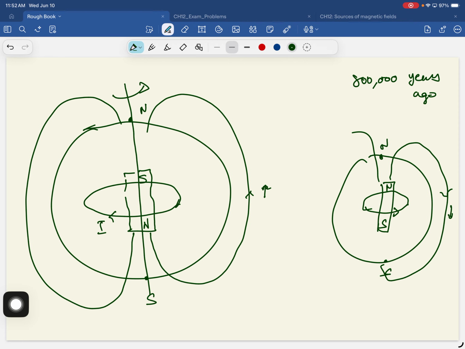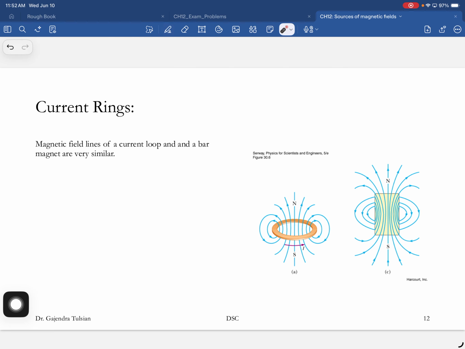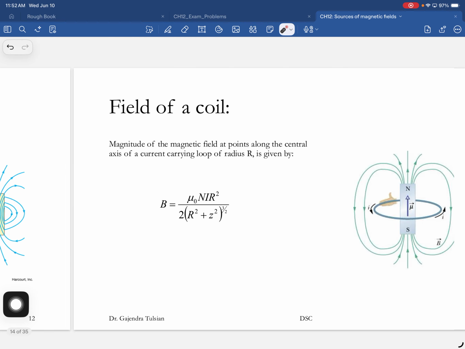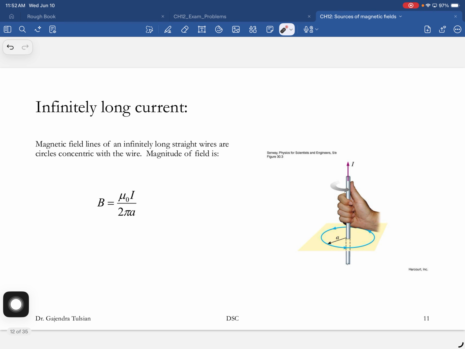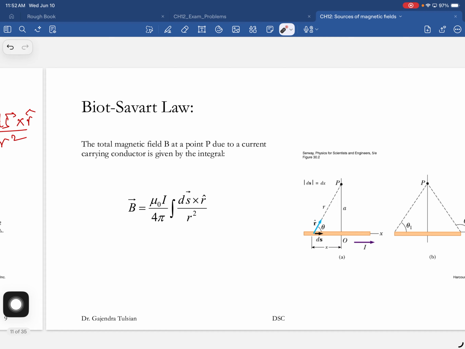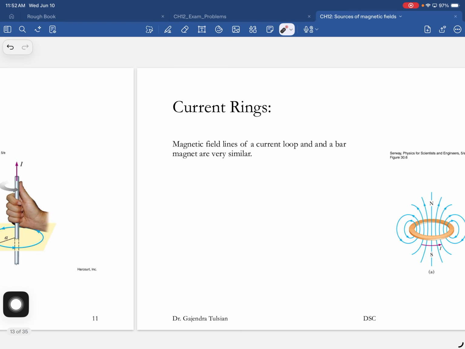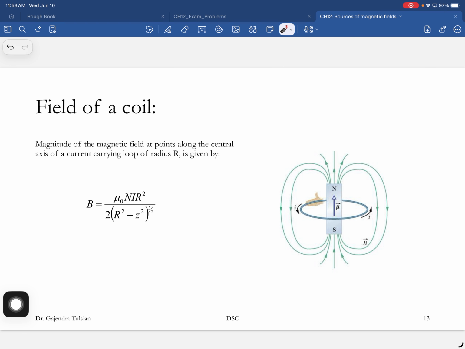All right. So anyway, see the field lines of a current carrying loop are very similar to that of a bar magnet. Again, that impossible integral has been done for a loop of wire along points along this axis.